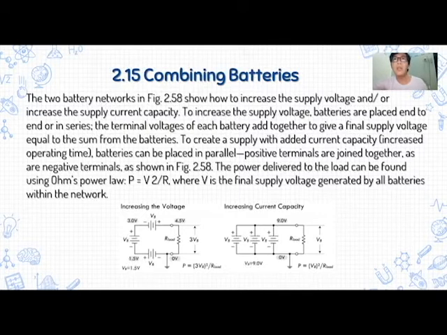To increase the supply voltage, the batteries are placed in series and the terminal voltages of the batteries add together to give a final supply voltage equal to the sum of the batteries. And the power delivered to the load can be found using the power law, in which V is the final supply voltage generated by the batteries within the network.